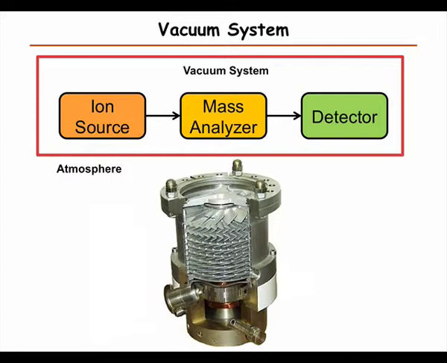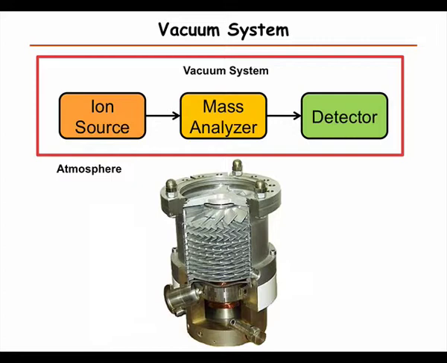So for all of these things we need the vacuum system. There are different kinds of vacuum pumps, but they're all basically pumping out differentially, so that you have a reasonably good vacuum.